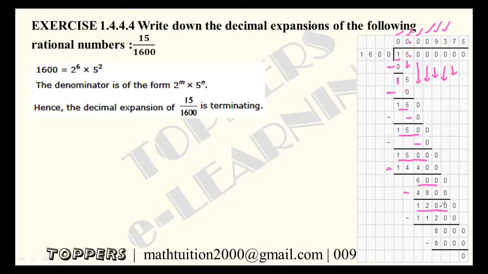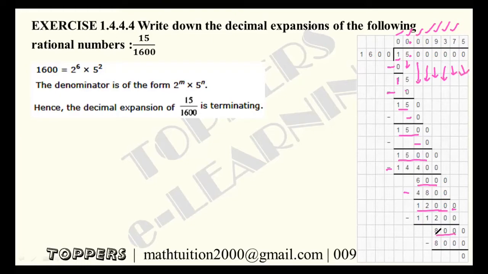Bring next 0 down. So we have 12,000. In 12,000, how many times? 7 times. 7 times 1600 is 11,200. On subtracting, we will get 800.